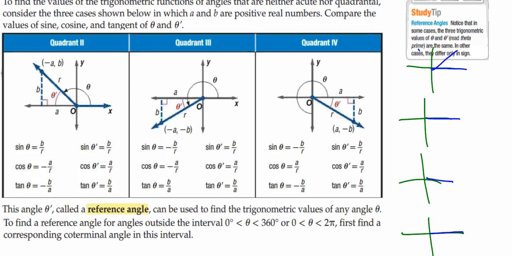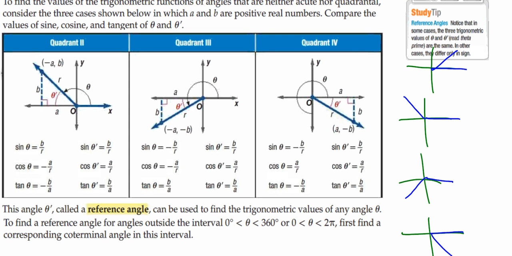And which one didn't they draw? Quadrant 1, because quadrant 1 is something we're most familiar with. And when you draw that little triangle we've been talking about, it's going to be in quadrant 1, so it's going to be easy to figure out. So this is our angle theta.